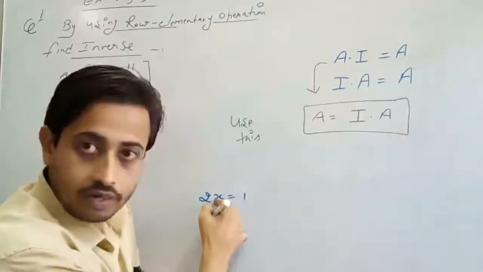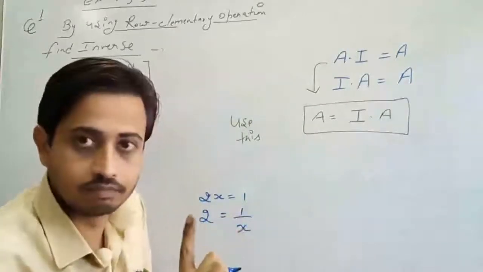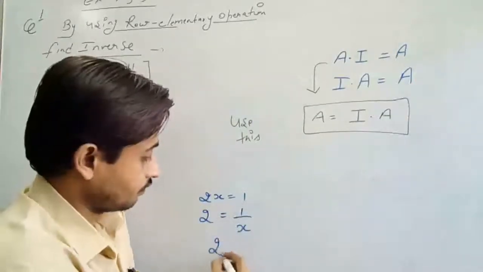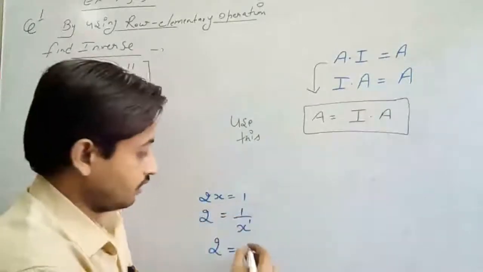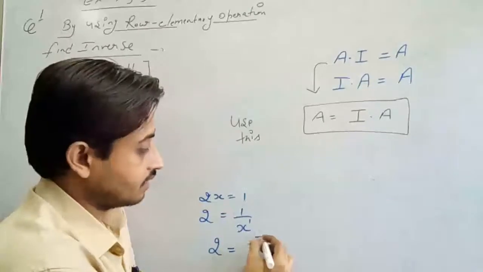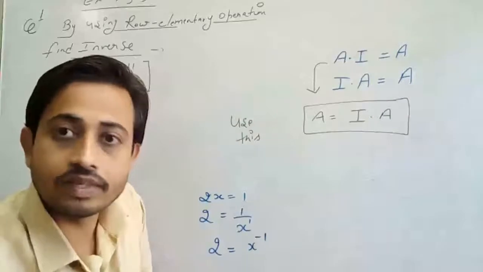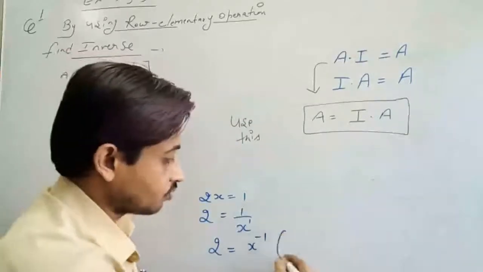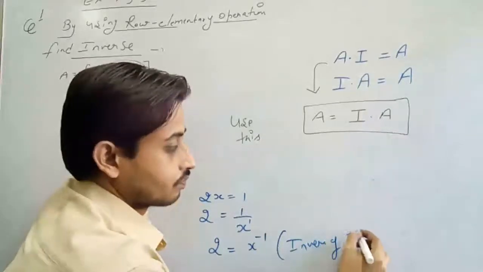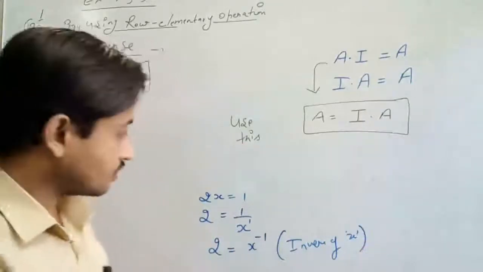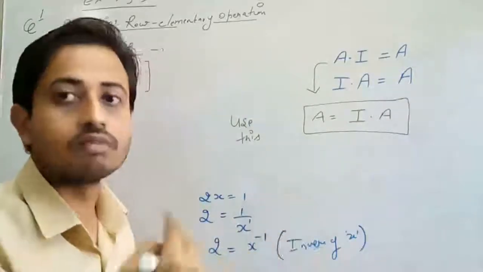Whenever we take it to the right-hand side, it becomes 1 by x, and if we take it to the numerator, because the power of x is 1, it becomes x to the power -1, and -1 indicates inverse. So this is basically the inverse of x. So how do we get the inverse? We take the variable to the right-hand side, and it becomes the inverse.